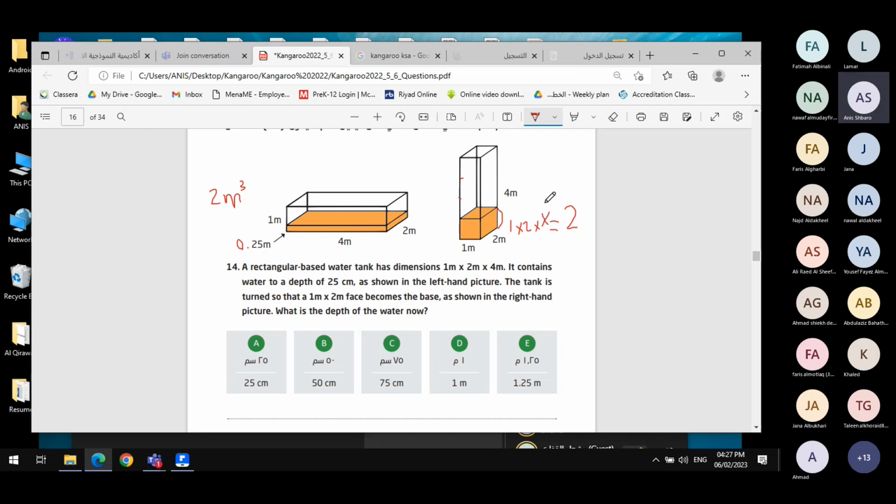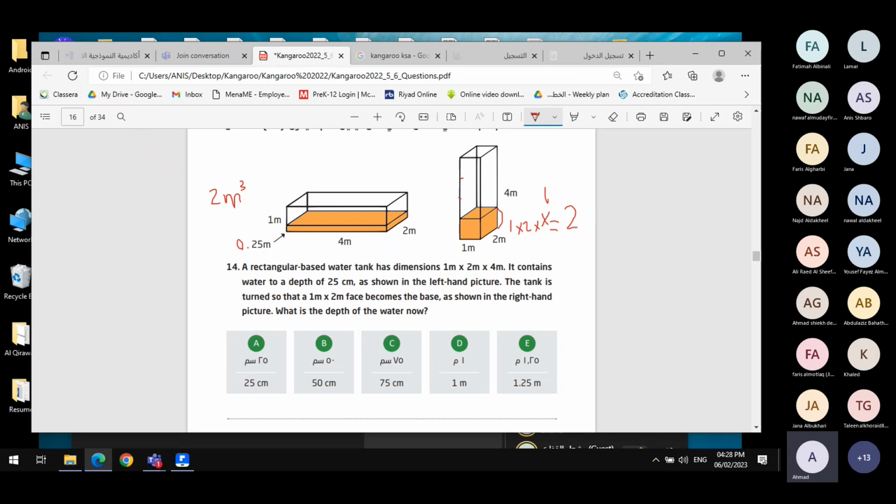So 1 times 2 times x equals 2. So 2x is equal to 2. It's obvious that x is equal to 1, because we need this 2 to remain the same.